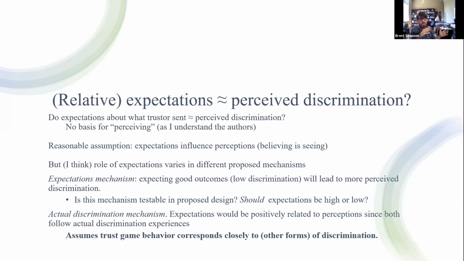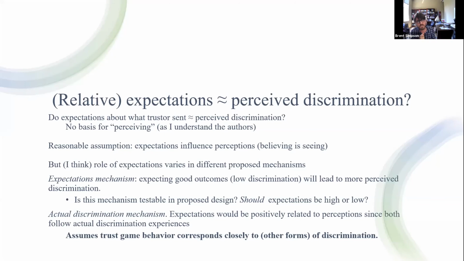I think we can see the distinction in how expectations play different roles in the different causal mechanisms that the authors outline. In the relative expectations literature, and I was more convinced by this in Judith's presentation, because she brought in the role of disillusionment, but I'll say this just as a basis for conversation. In the expectations mechanism, as I understand it, expecting good outcomes, say low discrimination, will lead to more perceived discrimination.